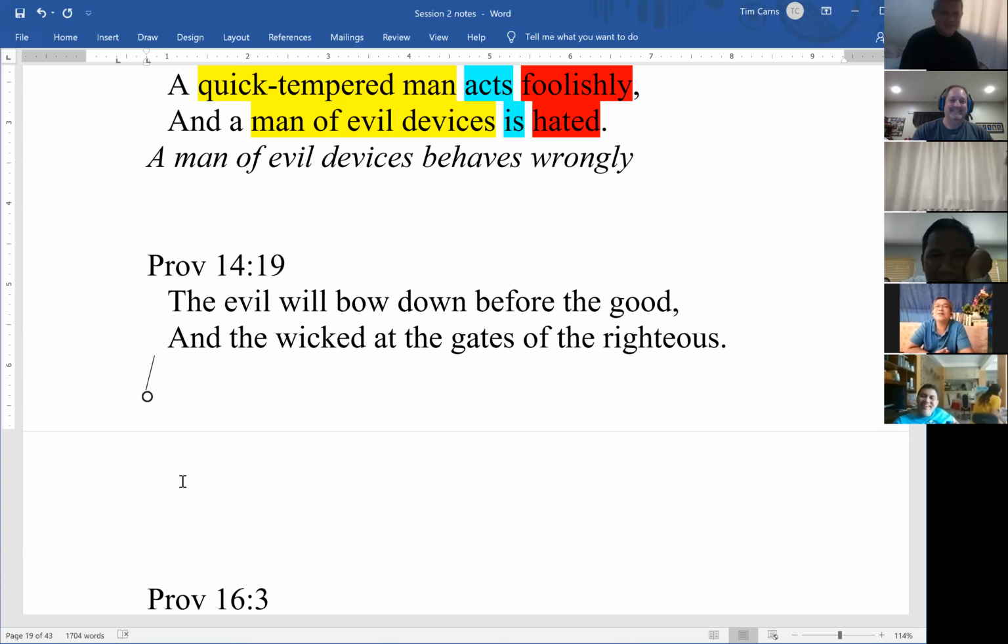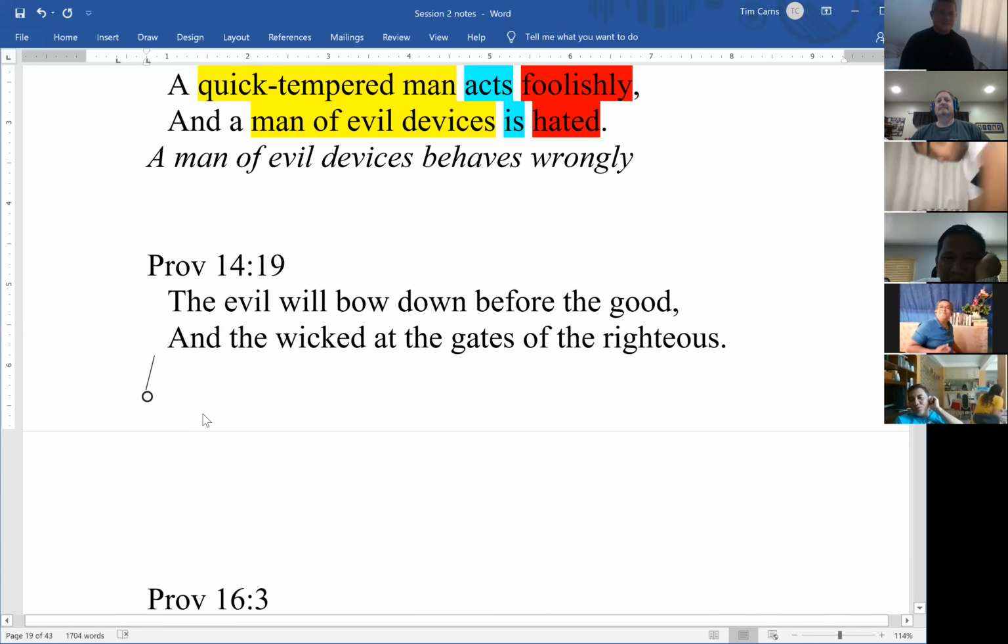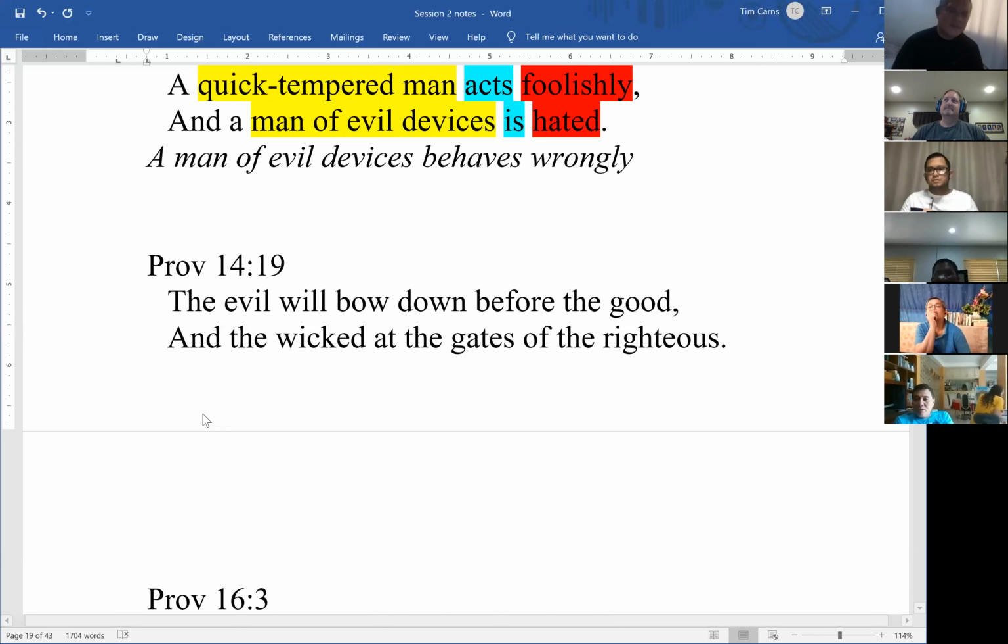The evil will bow down before the good, and the wicked at the gates of the righteous. Oh, there's an elision. I think synonymous. Synonymous? Okay, well, let's take a look at it.